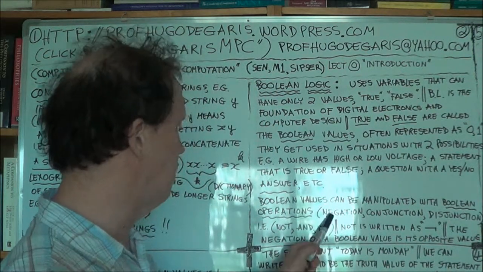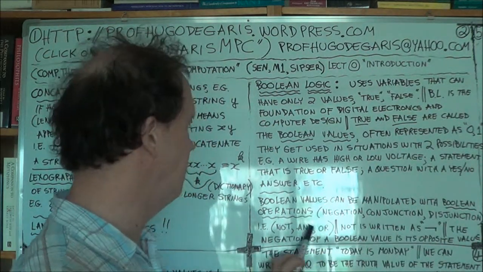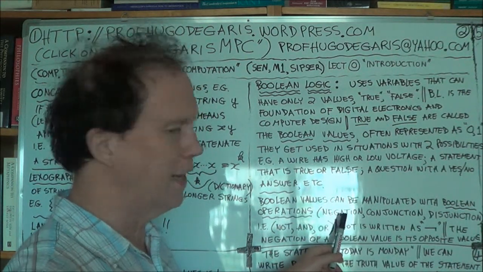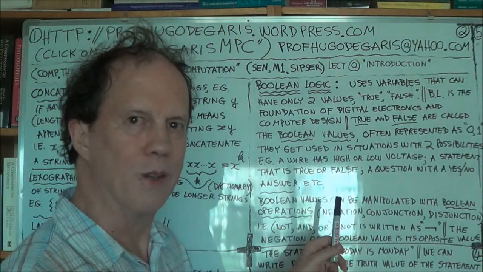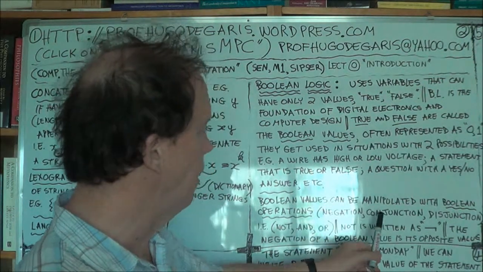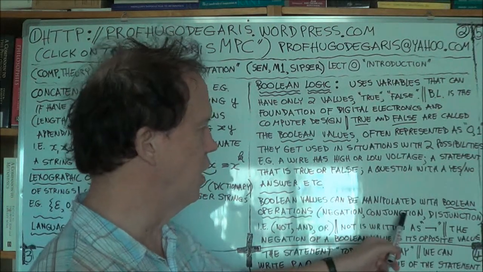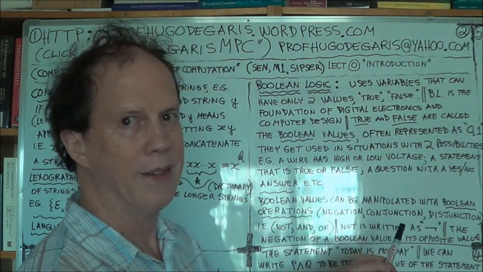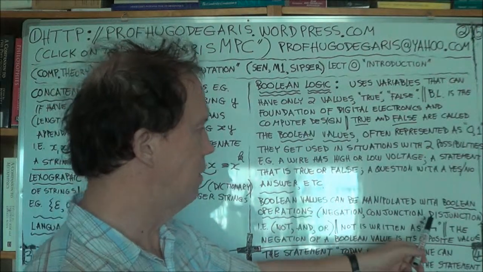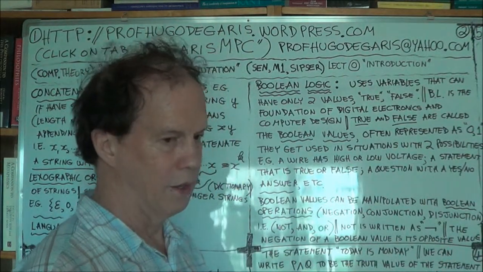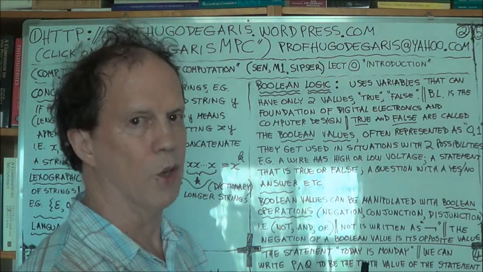Negation is to negate something, to not it, N-O-T, to reverse it. To conjunct, or form the conjunction of, just means to and. To disjunct, or form the disjunction of, just means you're forming the or.